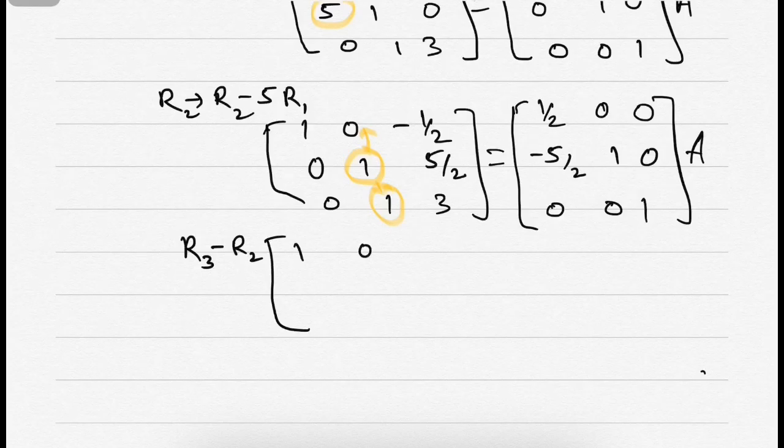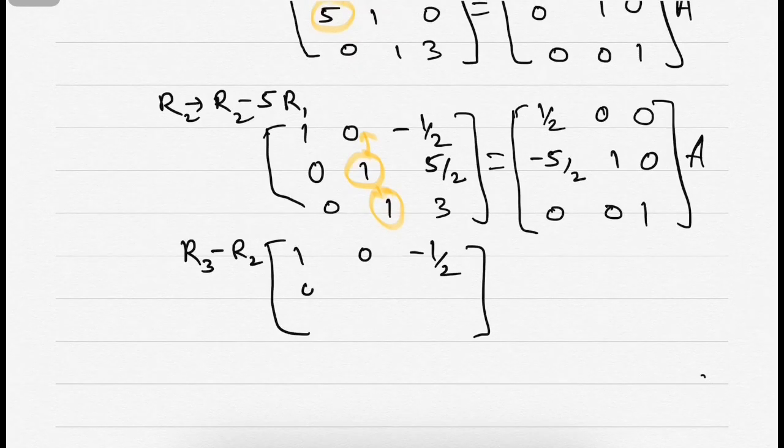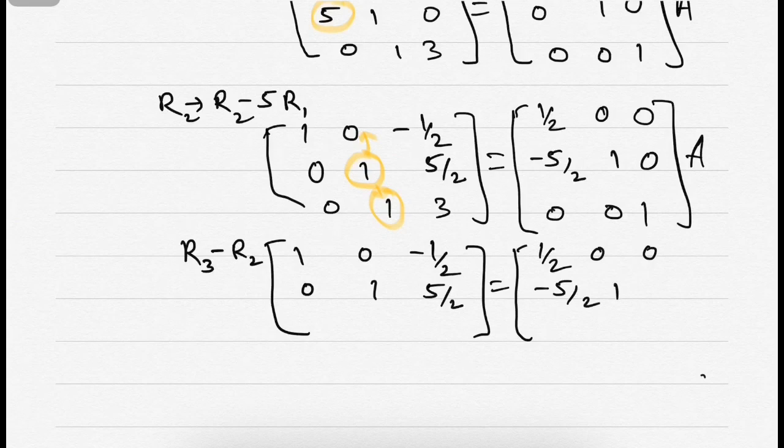So 1, 0, minus 1 by 2 is the first row. In the second row also we are not making any change: 0, 1, 5 by 2. Same thing on the right side: 1 by 2, 0, 0, minus 5 by 2, 1, 0. And in the last row we are doing R3 minus R2.